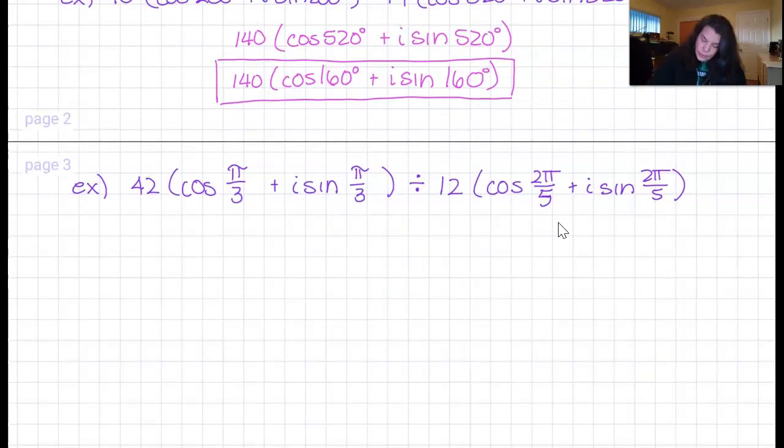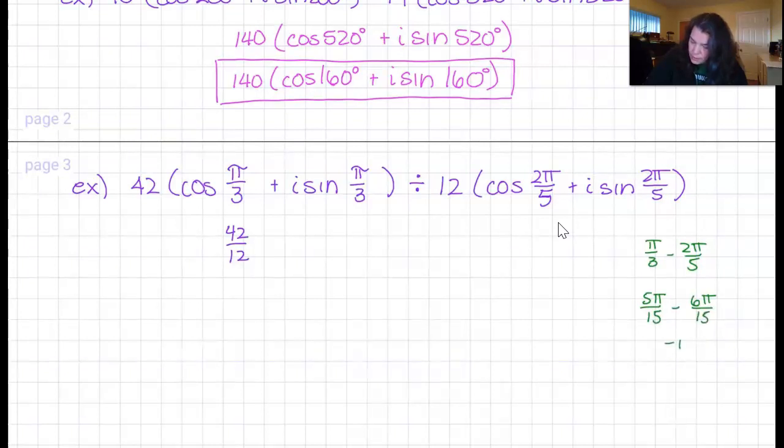Divide the radii, so it's going to be 42 over 12. Reduce that in our final answer. But then we're going to subtract. You have to do pi over 3 minus 2 pi over 5. Let's just do that off to the side here. Pi over 3 minus 2 pi over 5. Get a common denominator of 15. So you have 5 pi over 15 minus 6 pi over 15. So it's going to be negative pi over 15. We can take care of that right now too. That's not between 0 and 2 pi.